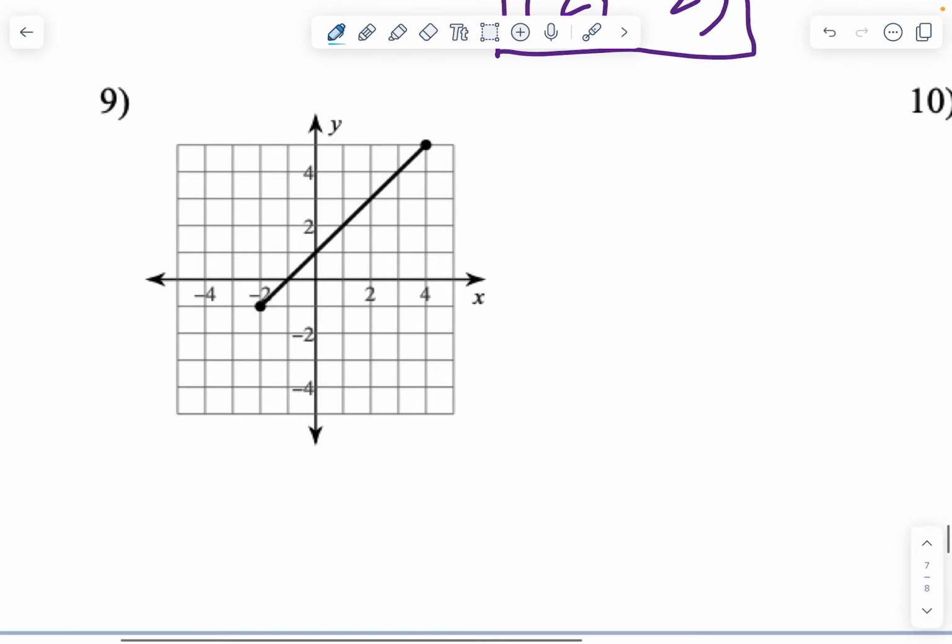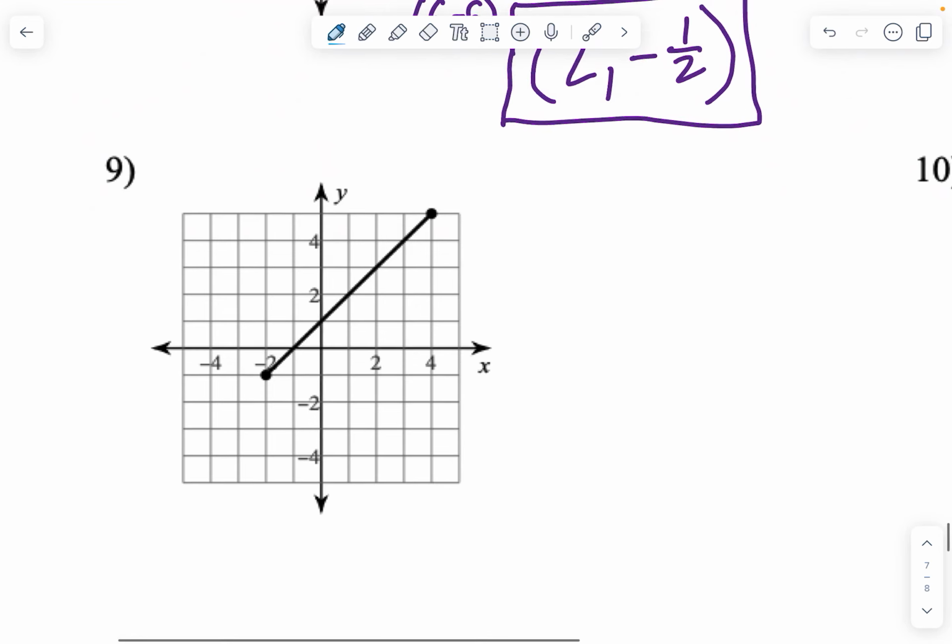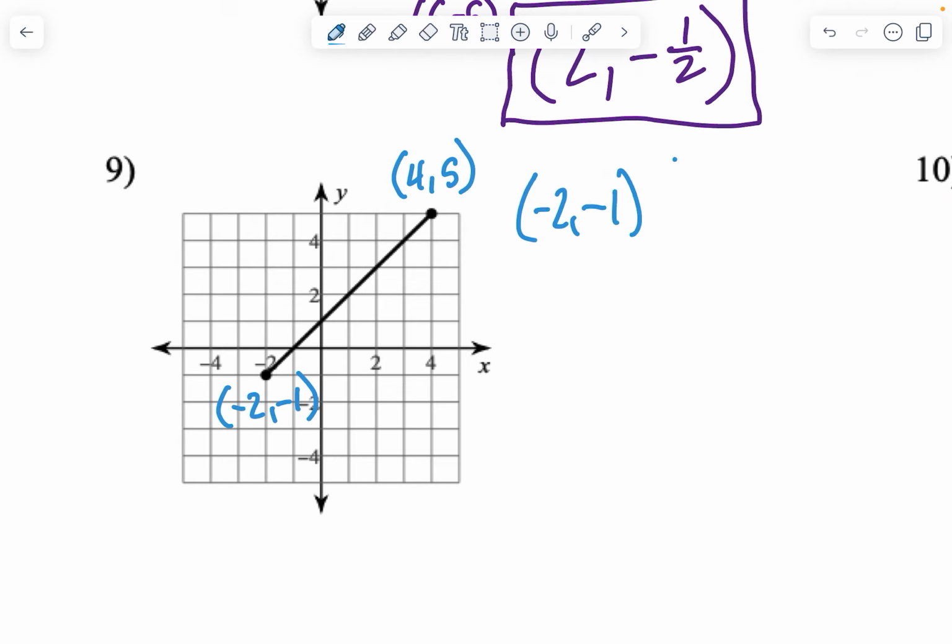Okay, so to finish up the last two, maybe going a little bit quicker, we have the points -2, -1, watch your signs, and then the point 4, 5. So for -2, -1, and the point 4, 5, I'm going to make my big point.